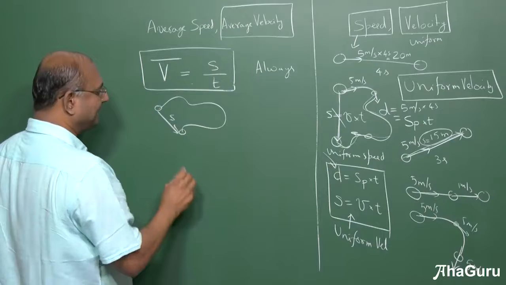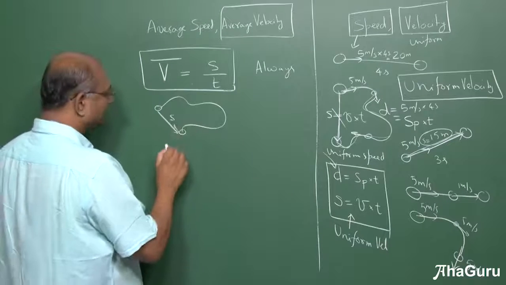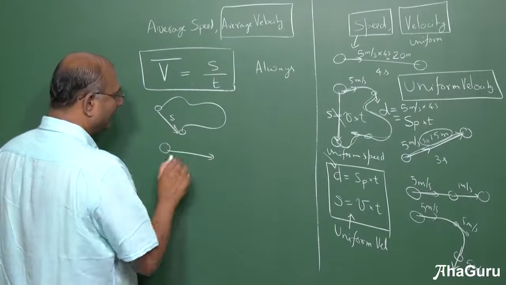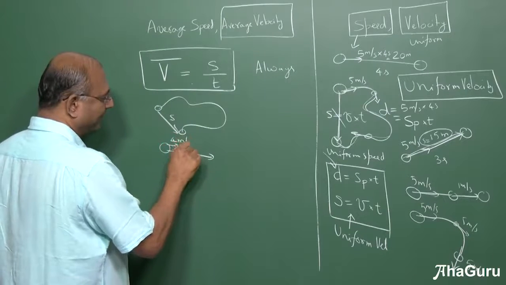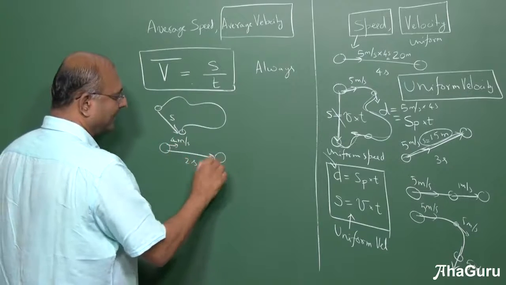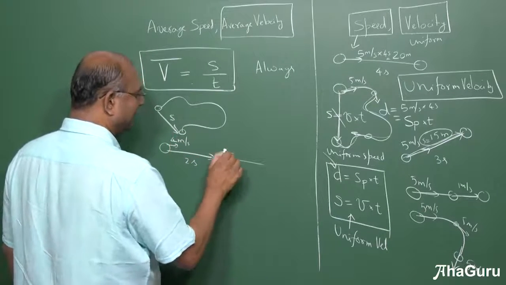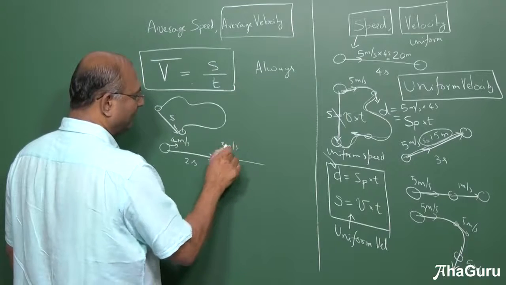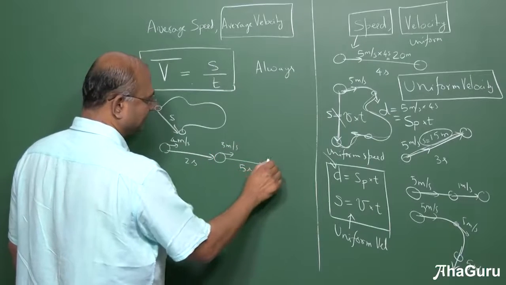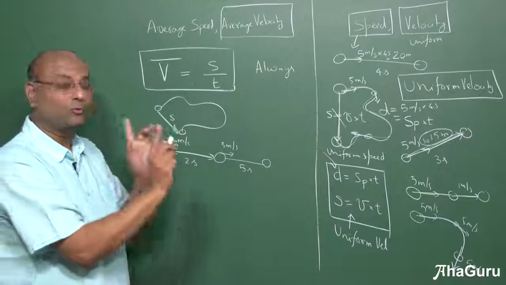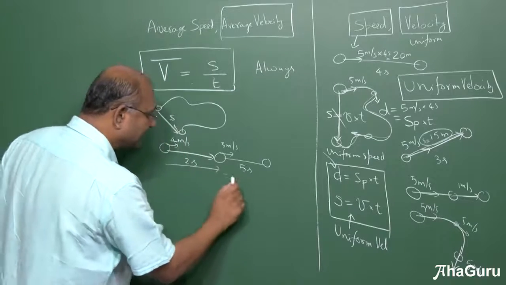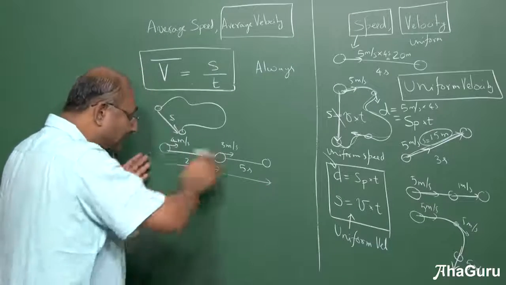Okay, let us take an example. Okay, so if I start here, and let's say that this guy was moving at 4 meters per second for 2 seconds, and then was moving at, let us say, 3 meters per second for 5 seconds. Okay? Average is not 4 plus 3 by 2. Average is this distance plus that displacement, total displacement.